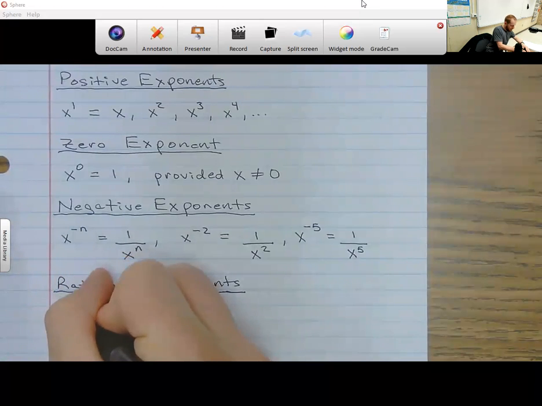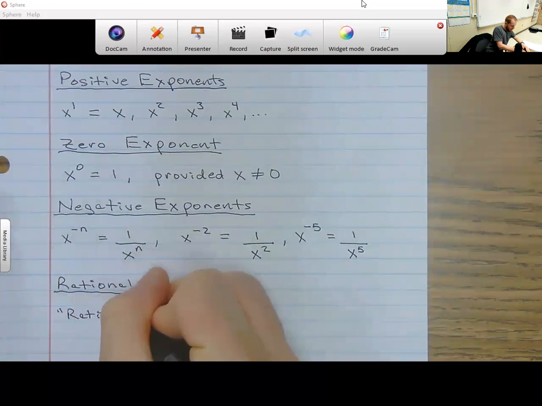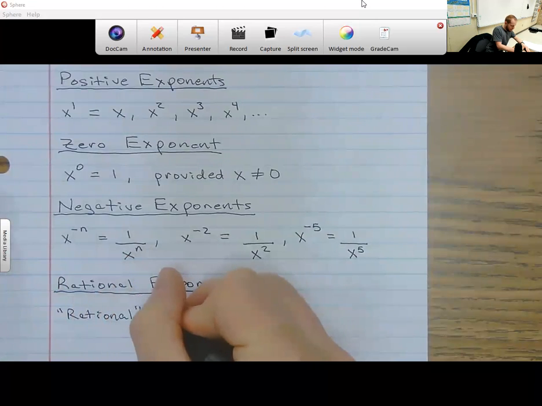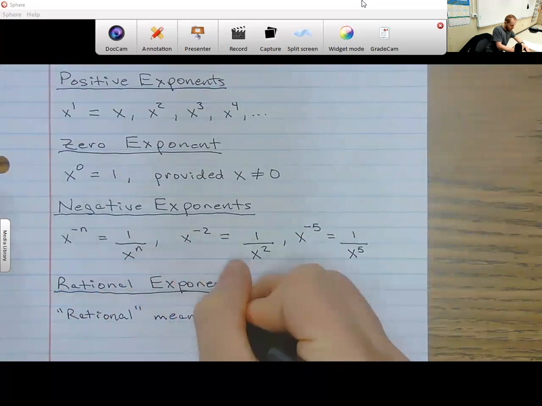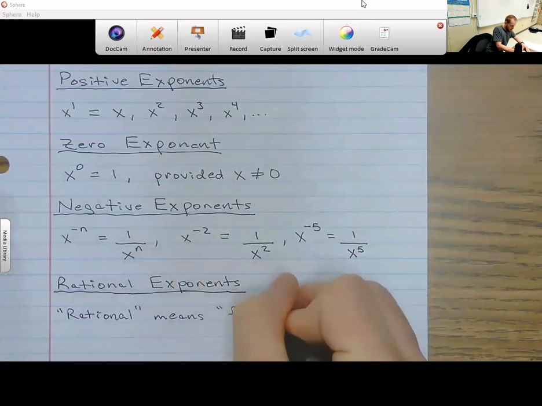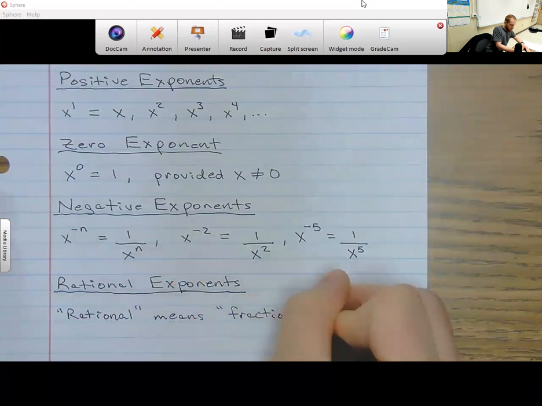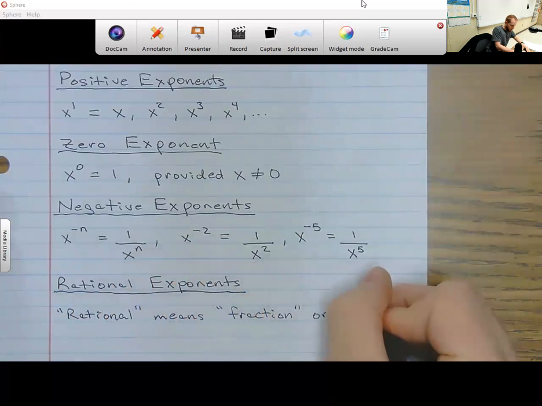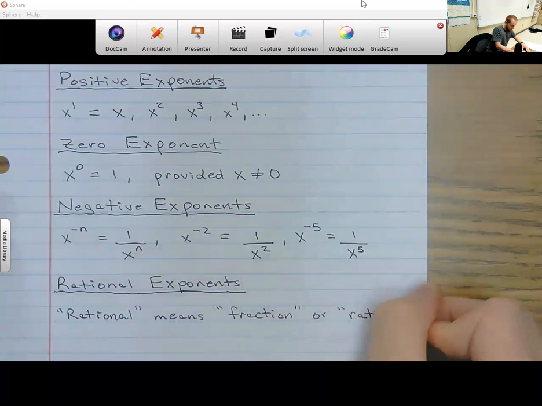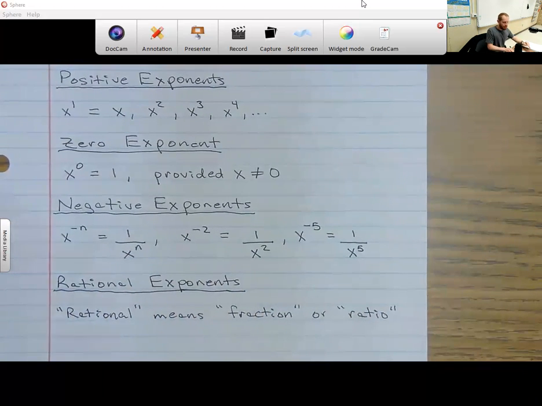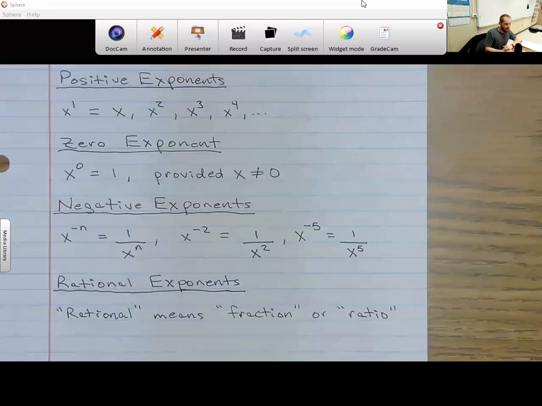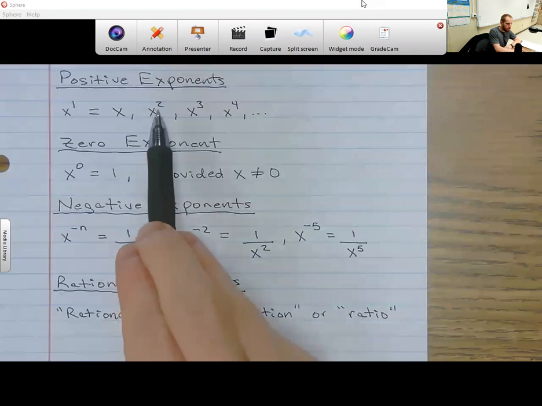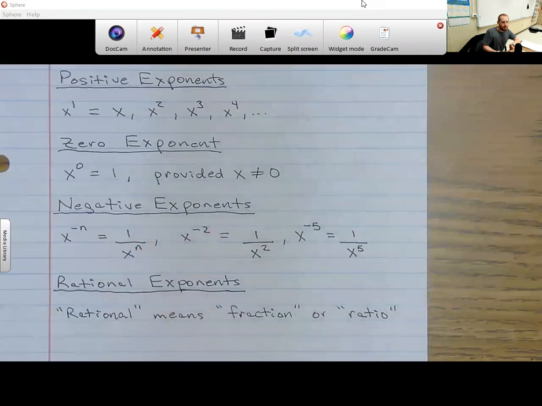Well, rational means fraction or ratio. In fact, that's where we get the word rational from. We get it from the word ratio. So that basically means we're going to have an exponent, and instead of it being a whole number like 2 up here or 3 up here or 4, it's actually going to be a fraction.